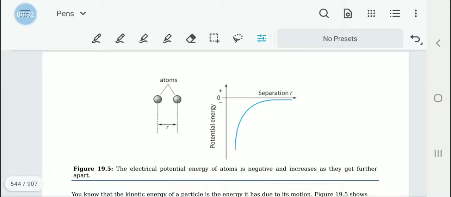The potential energy is highly negative. Then when the separation is infinite, it becomes zero. So at infinity, the highest potential is present.